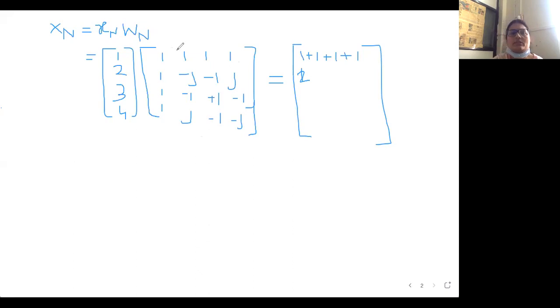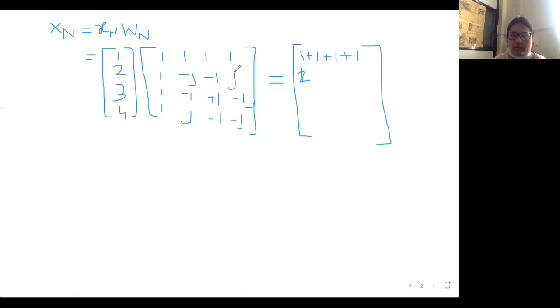Perform this multiplication, first row, first column. First row, first column, so 1 multiplied by 1, sorry, here first row, first column we consider.